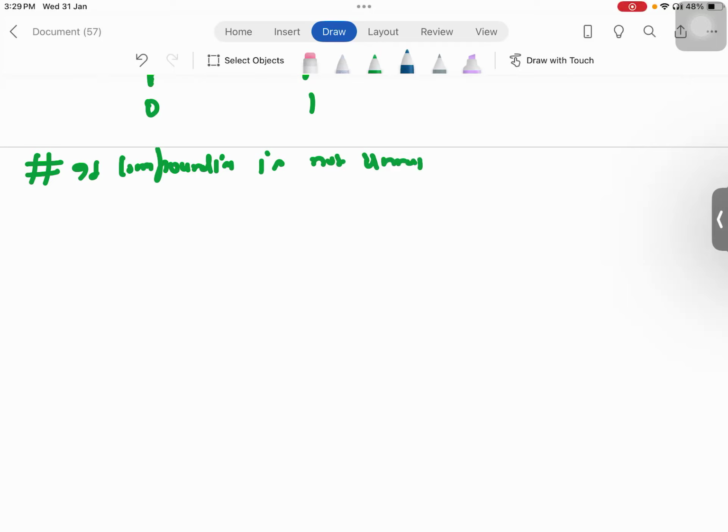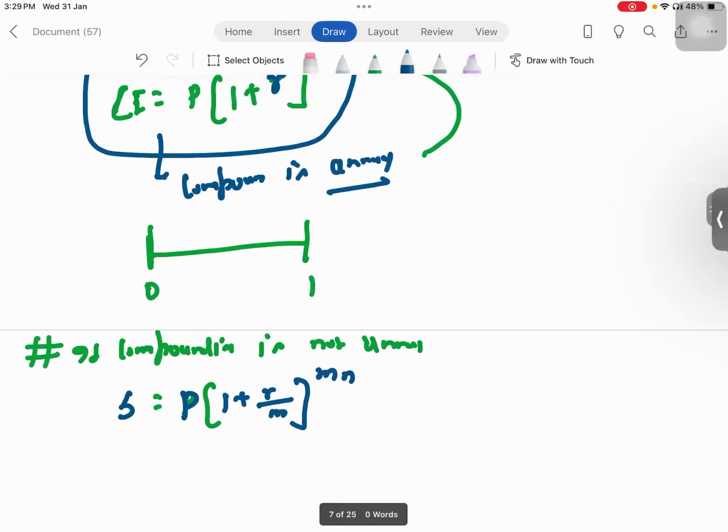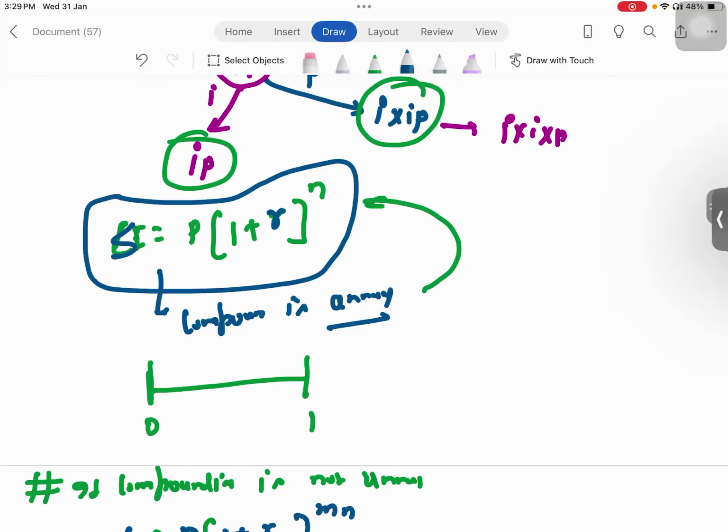If compounding is not annual, then the compound interest formula can be written as S equals P into 1 plus R upon M whole to the power Mn. Let's say this S is your future value.